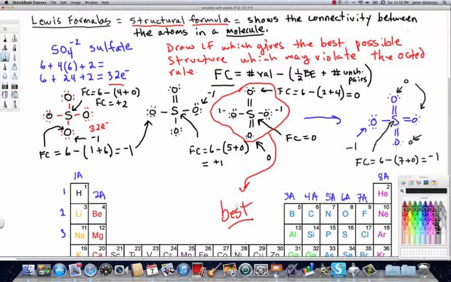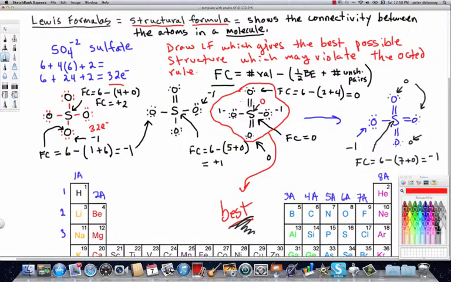So this structure that we have in the middle is the best structure because the only negative numbers are on the most electronegative atoms in the molecule, and the other oxygens that are competing here have FCs of 0, and the sulfur itself, our central atom, has an FC of 0.